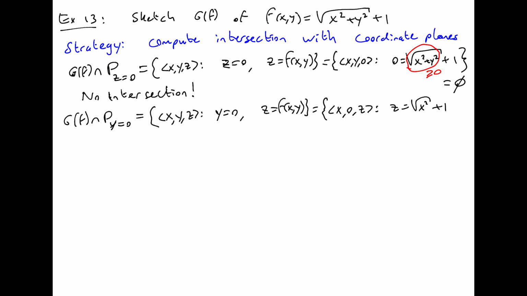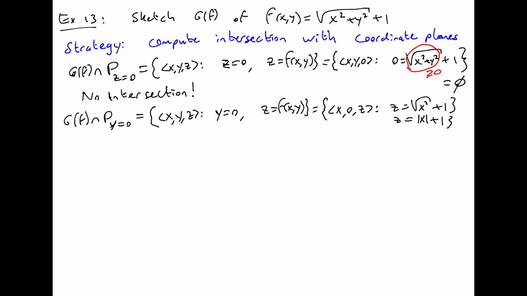Because we plug in y is 0 in the function there, and then we get that. And as we've already seen, this is the same as the absolute value of x plus 1, right? So these two things are the same.